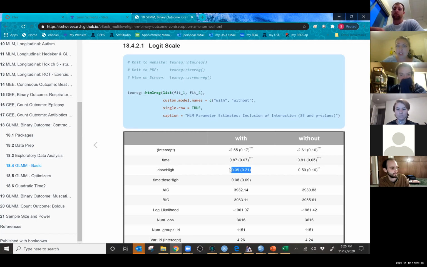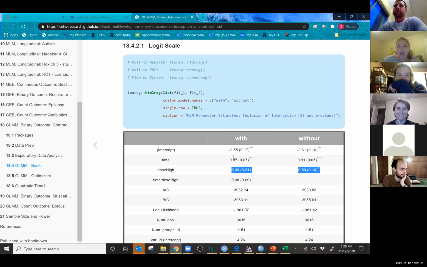In this model, dose has no stars. But here, dose does have stars. What the heck? Where did the stars go? The interaction sucked them up.